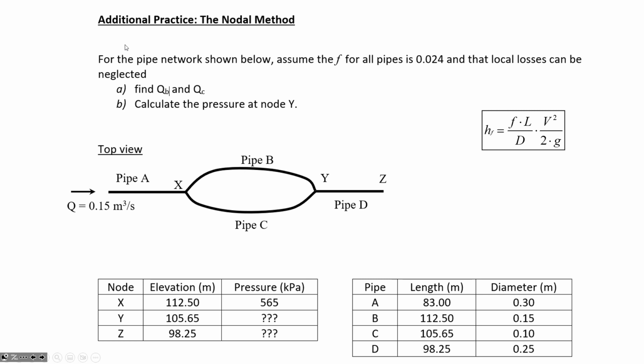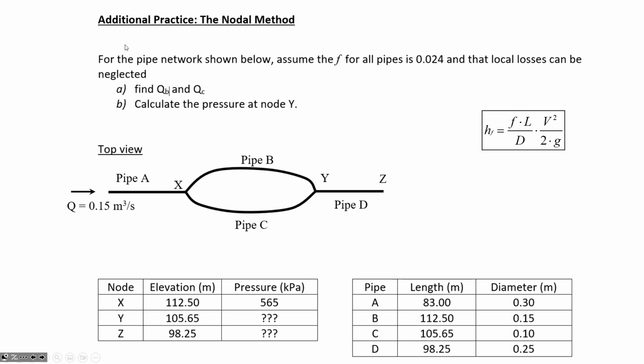If we broke it down just one step further, continuity equation says flow rate is what in terms of velocity? Velocity times area. So V_B A_B plus V_C A_C is equal to 0.15.